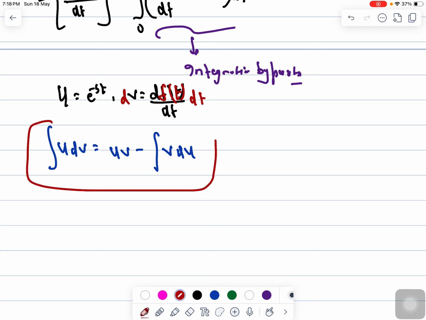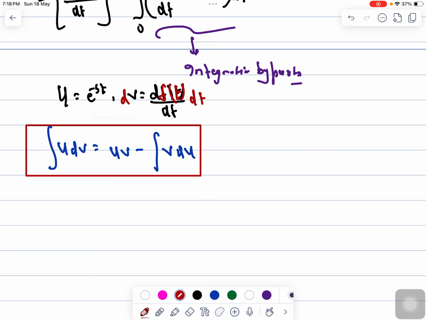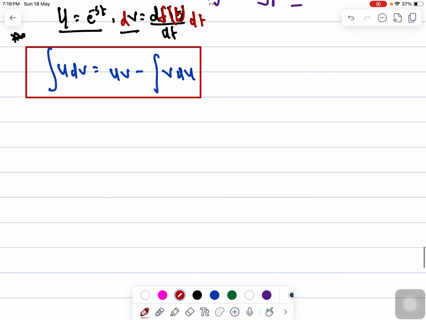This is the formula that you would have studied in your class 12th standard. So I'll be using this formula, that the integral of u dv equals uv minus the integral of v du. So u is this one and dv is this one, right? Let's try to understand how we can solve this particular thing. If I substitute this value in the integration, we have dv equal to df by dt into dt.